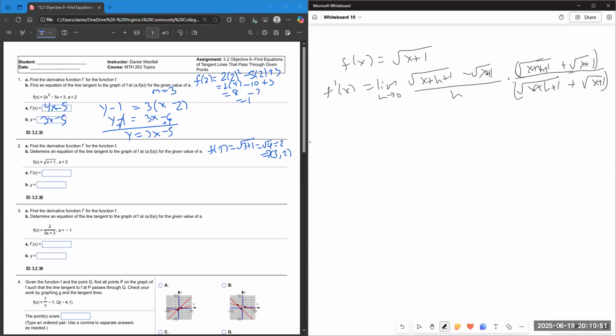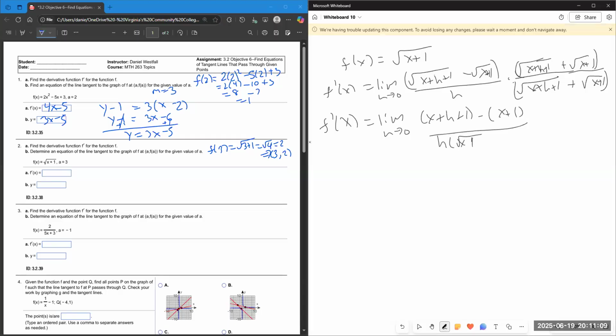We're multiplying by the conjugate here of the top to rationalize the numerator. Limit as h goes to 0 of x plus h plus 1 minus x plus 1 over h times root x plus h plus 1 plus root x plus 1.